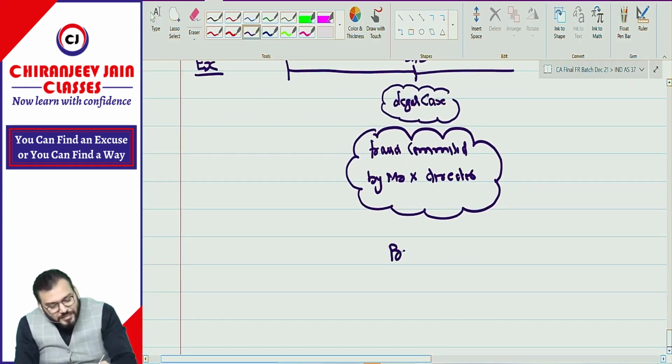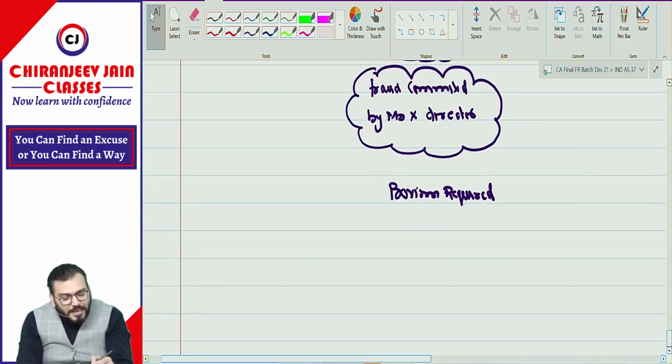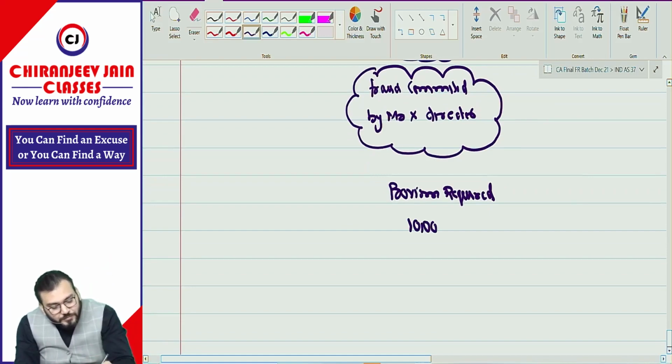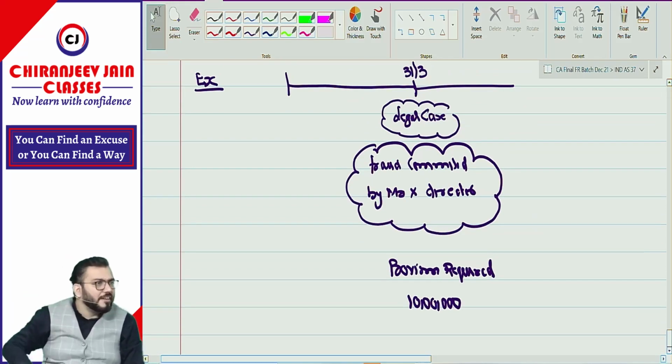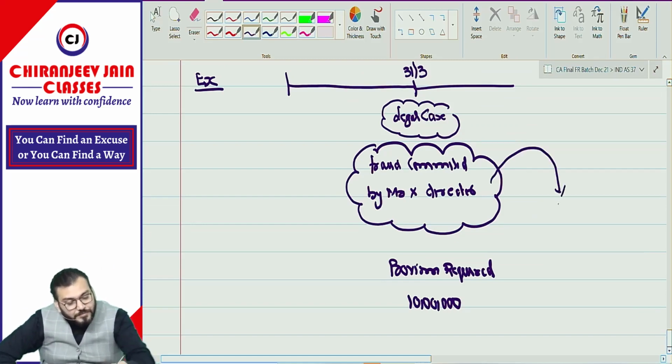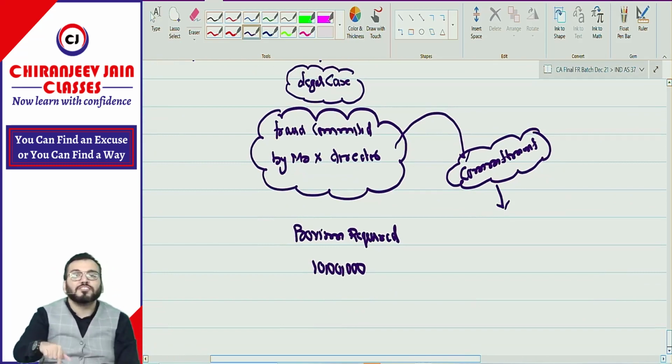Correct? We need to assume that, then only we can proceed. Provision required, and we can estimate also as per the expert opinion given by the lawyer, the best amount of expenditure is suppose 10 lakh. Understood? Provision is required, we can pass a journal entry. But what Mr. X has said, Mr. X has given a commitment that he will reimburse the entire amount of compensation, because the fraud was committed by Mr. X. Understood?